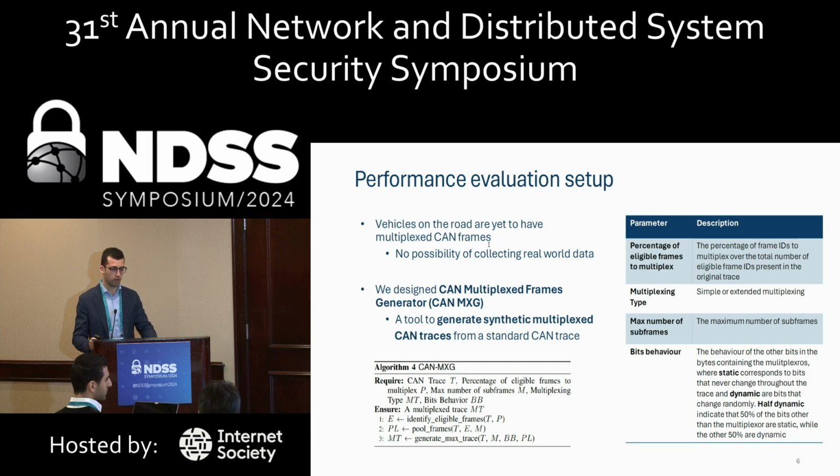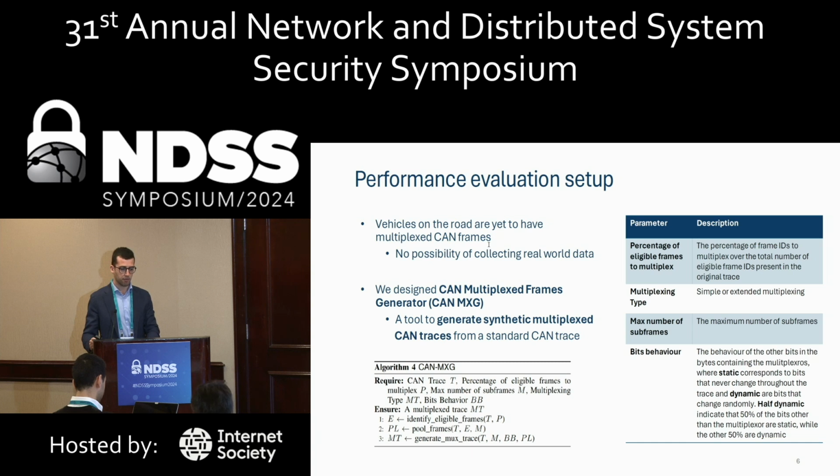So we designed CAN multiplex frames generator, or CAN MXG for short, which receives in input 4 parameters, which you find on the right. First, the percentage of eligible frames to multiplex. We cannot multiplex all data within a standard CAN trace, and therefore we define how many of the eligible frames we want to multiplex. Second, the multiplexing type, either simple or extended.